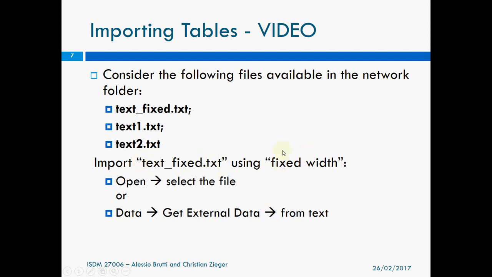You have to select the right settings, fixed width, and then you have imported your data into Excel. So now pause this video and try to import this file into Excel. So please pause this video.